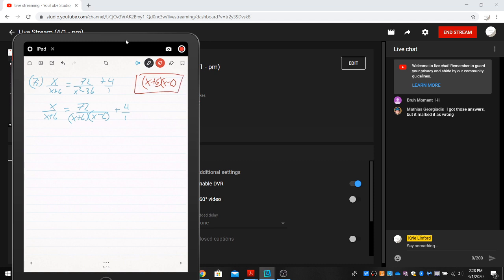So that's the thing that I'm going to have to multiply to all of the fractions to clear the denominators. So let me try to fit all of that work here. X plus 6 times x minus 6 over 1.